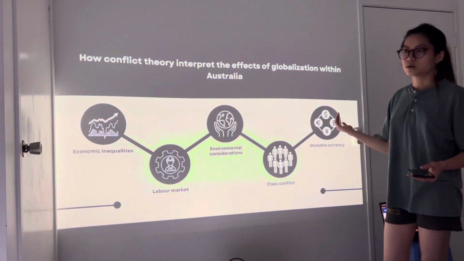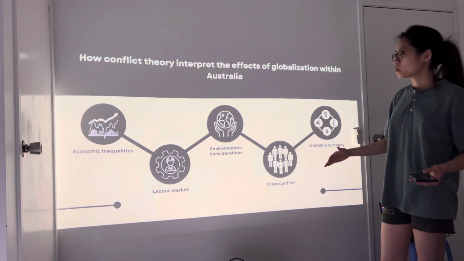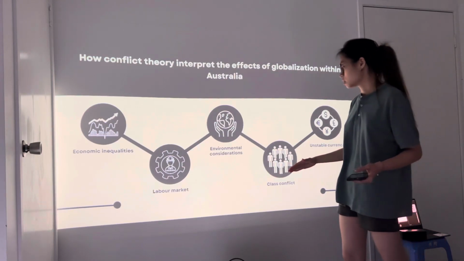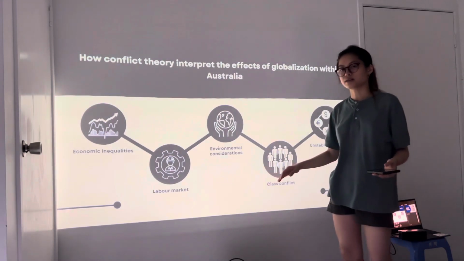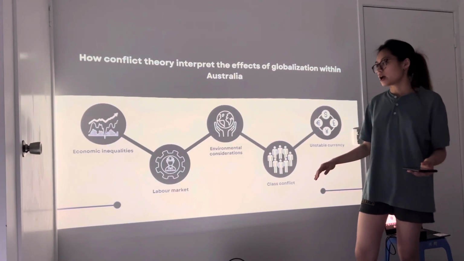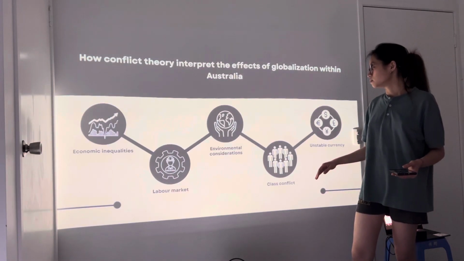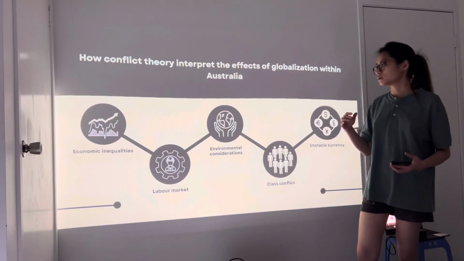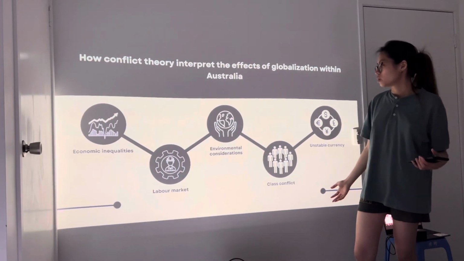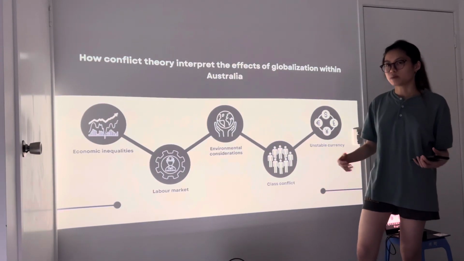The lower class, which does not have as much resource and is not adaptable, will very much be unemployed.